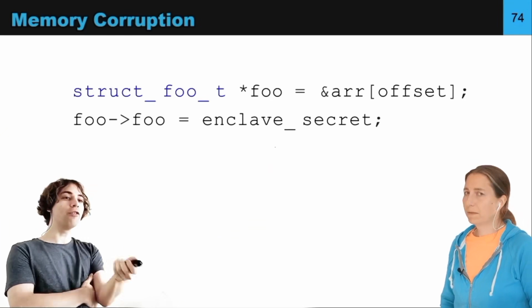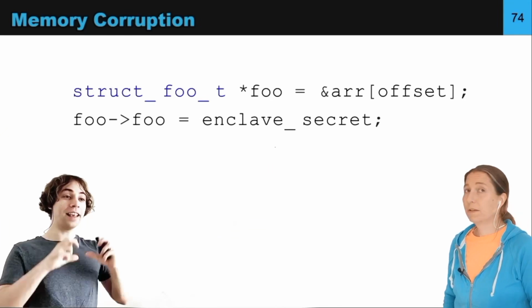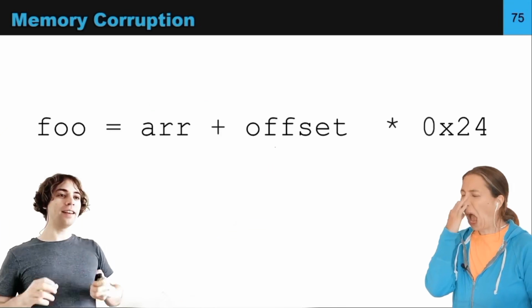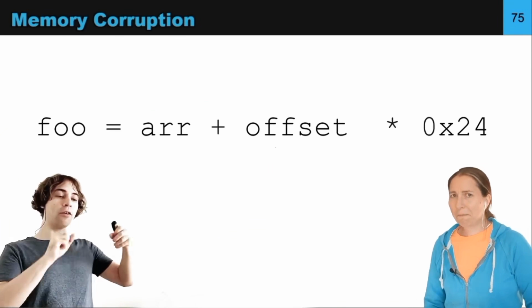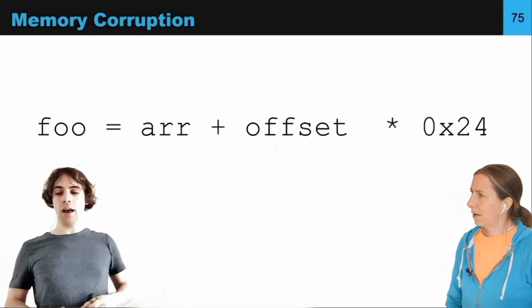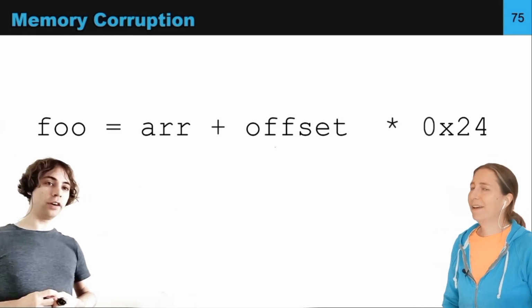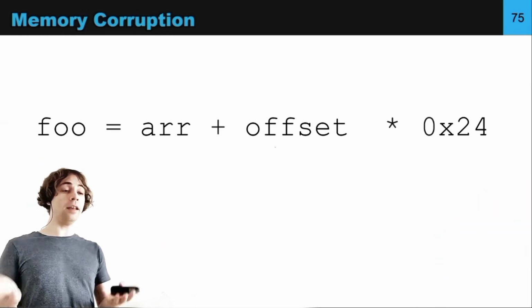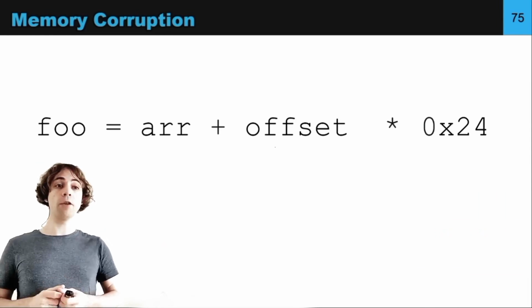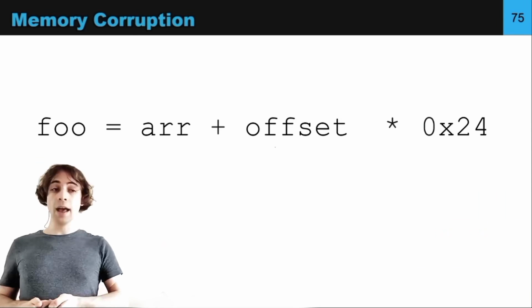If you rewrite this array access, you get this code: foo equals array plus offset times the size of the structure you are addressing. This is simple pointer arithmetic. I think many people will know that from their C programming classes.